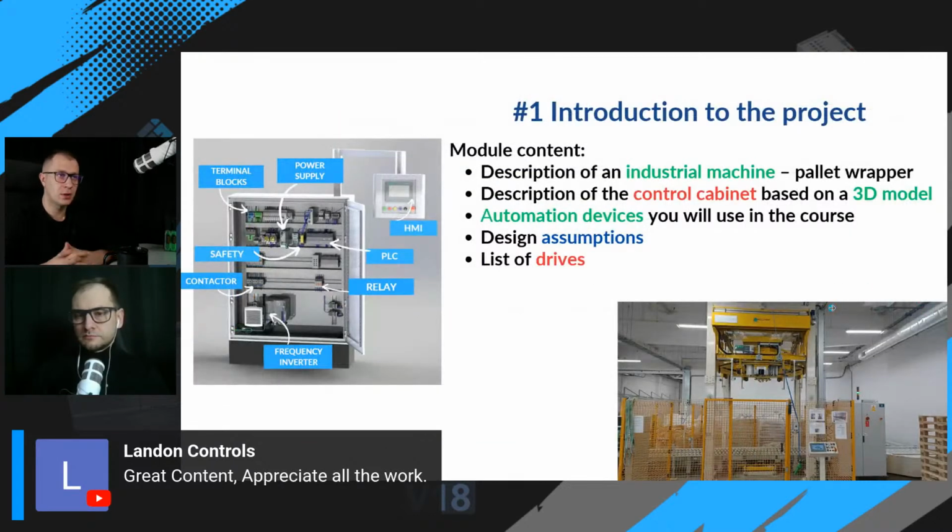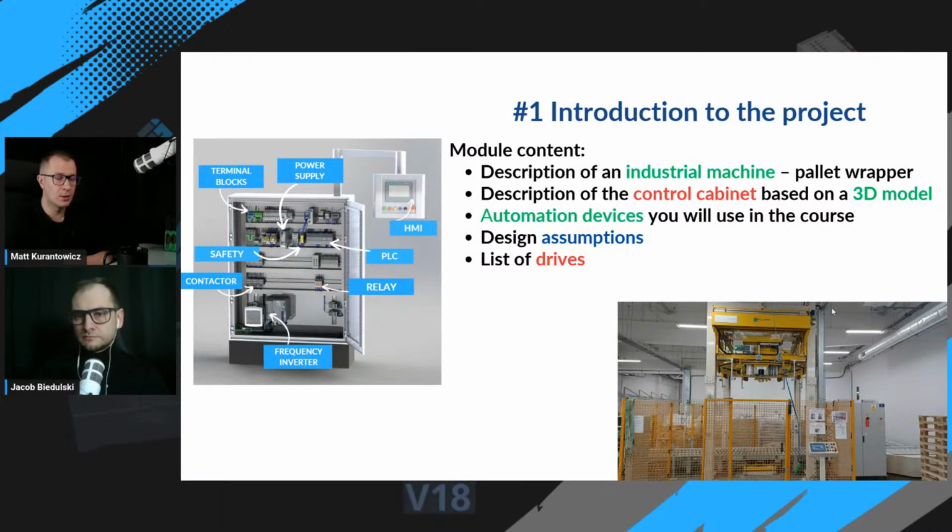Okay, so let's go to our course content. Firstly, we'll introduce you to the project, and here we will describe our industrial automation machine, which is Pallet wrapper, and we describe from scratch the control cabinet based on a 3D model.